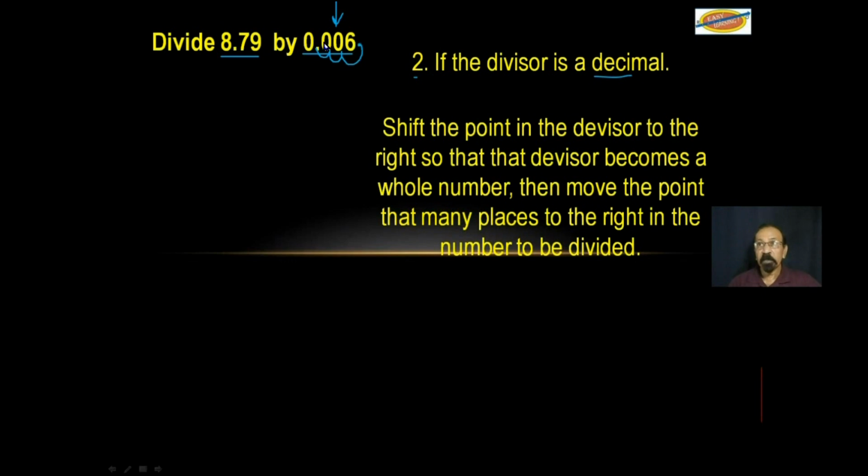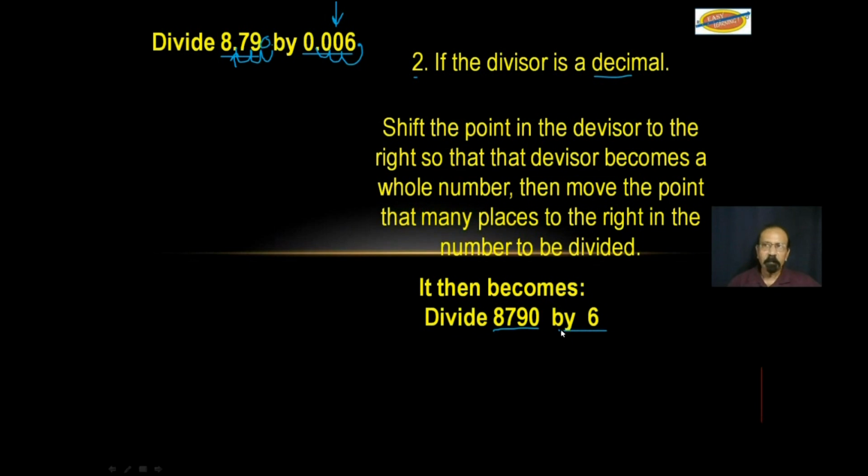So we required 3 places there, which means that we would have to shift this point here 3 places as well. 1, 2, and we will add a 0 to make up the third space. So now it becomes 8,790 divided by 6. Whatever answer you get there, that is your answer. You don't have to bother about shifting back any decimal point anywhere.